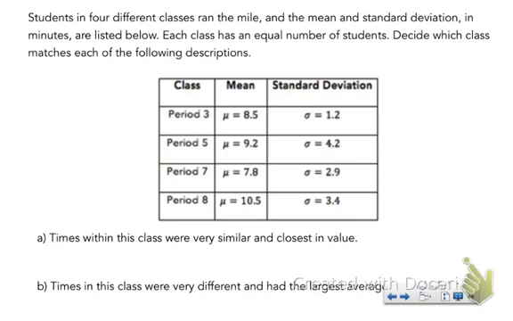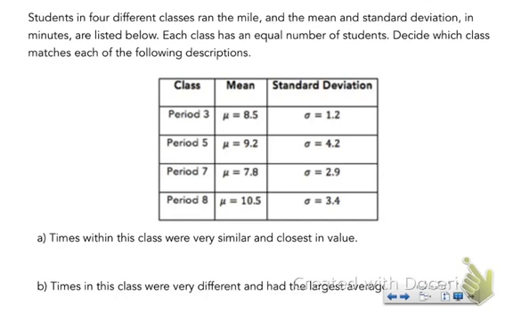Okay, and the last one, students in 4 different classes ran the mile, and the mean and standard deviation in minutes are listed below. And each class has an equal number of students. Decide which class matches each of the following descriptions. So times within this class were very similar and closest in value.